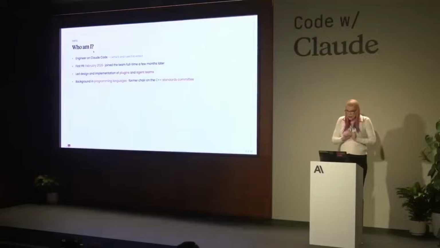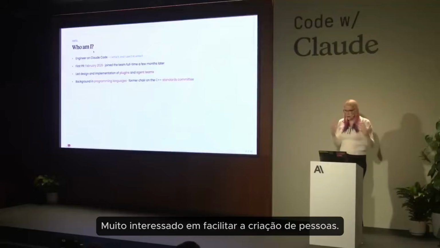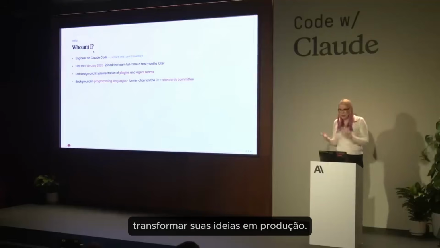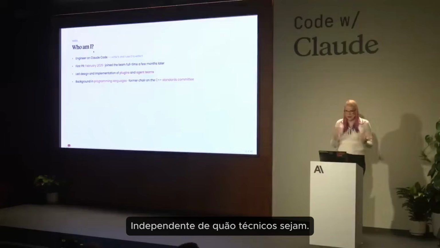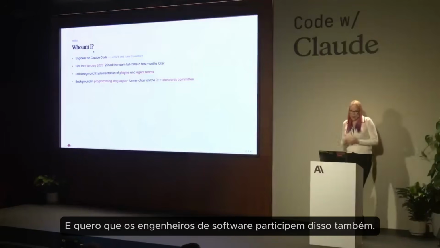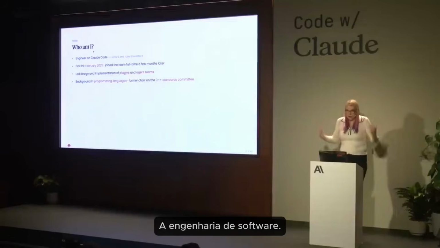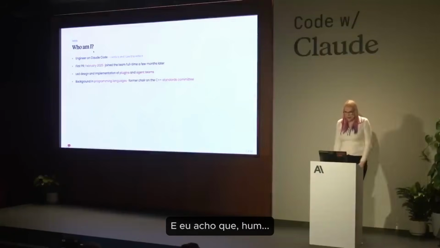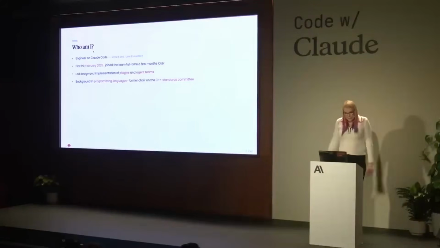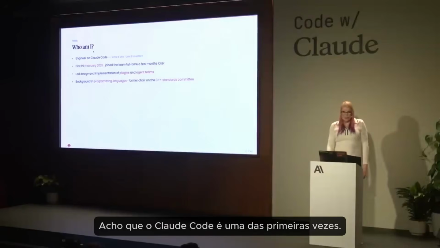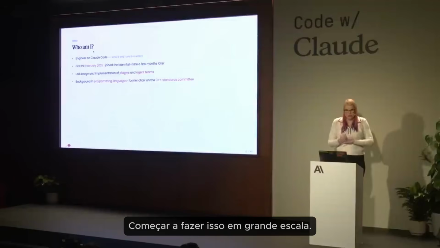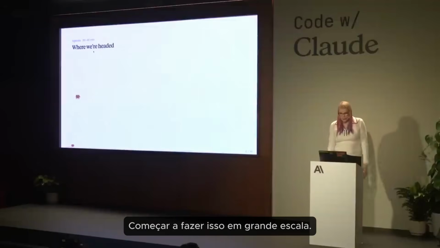I'm very interested in making it easy for people to make their ideas into production, regardless of how technical they are. And I want software engineers to be a part of that too, that software engineering to be a part of the thing about ideas. And I think that Claude Code is one of the first times we've really been able to start doing that at scale.